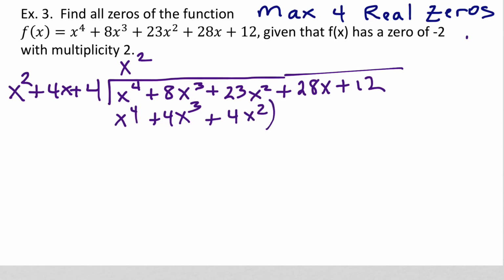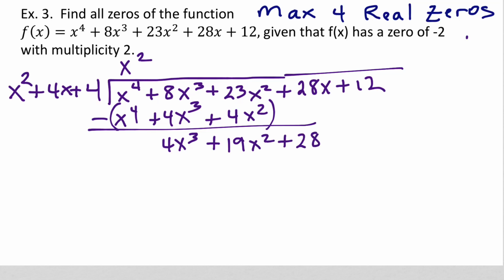All right, I'm ready to subtract. I've got 0, 8 minus 4 is 4x cubed, 23 minus 4 is 19x squared, bring down my 28x.